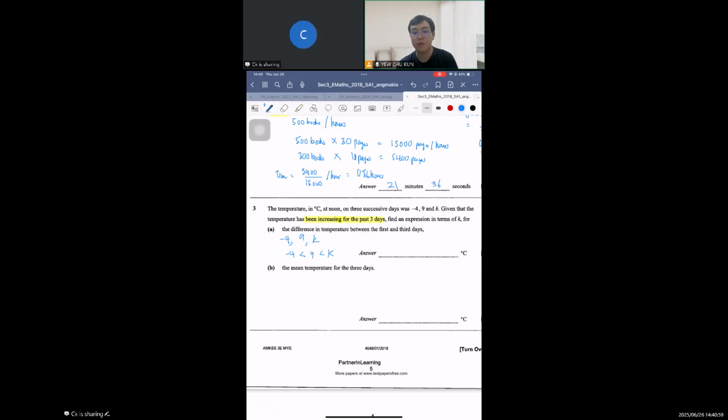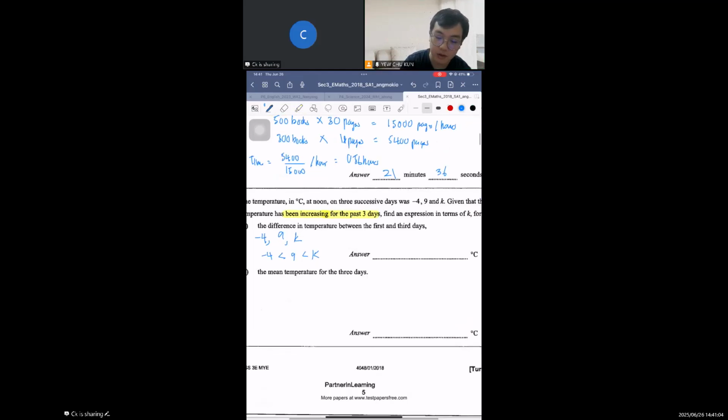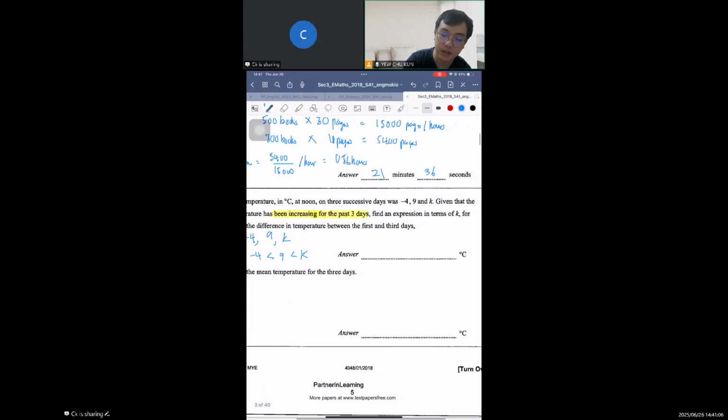So we compute the difference in temperature between the first day and the third day. The first day is -4, but the third day is k.